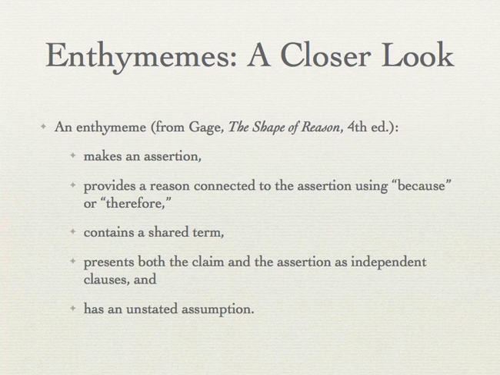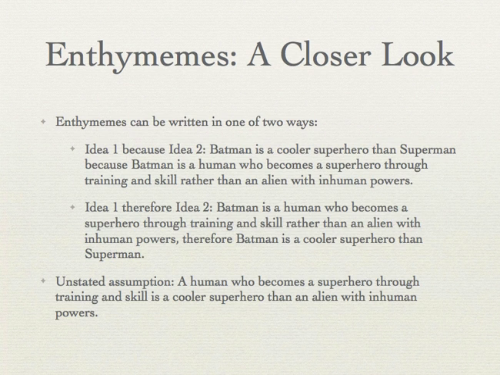An enthymeme must provide a reason connected to the assertion using because or therefore. In the first one, Batman is a cooler superhero than Superman because Batman, etc. So that's the because connection, and the second one is the therefore connection: Batman is a human who becomes a superhero through training and skill rather than an alien with inhuman powers. Therefore, Batman, and continue off the conclusion there.